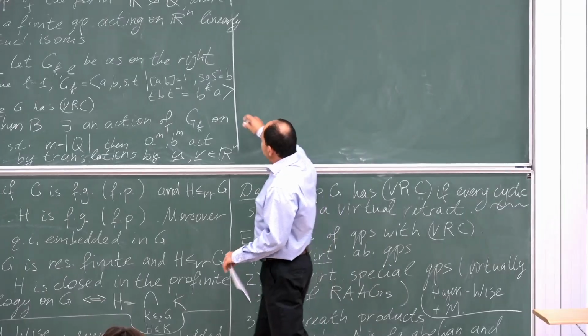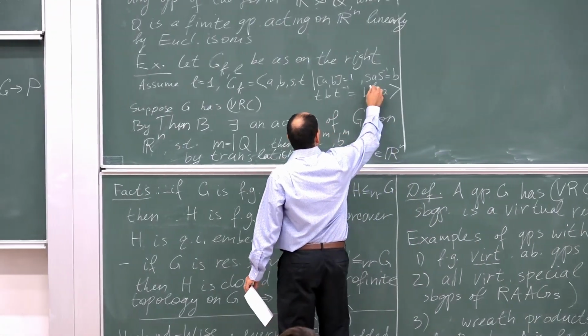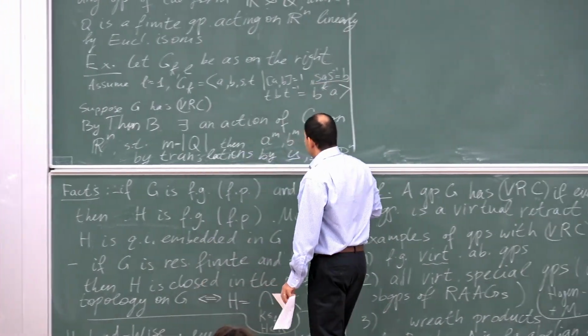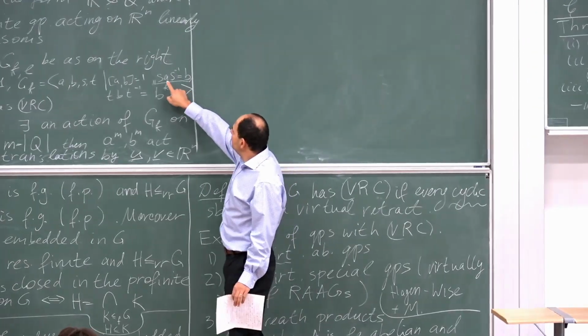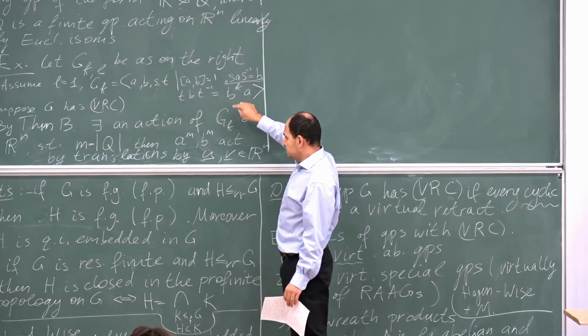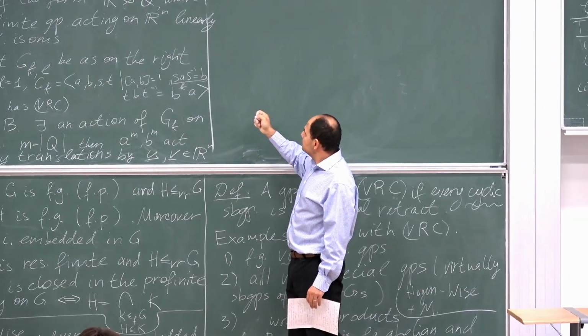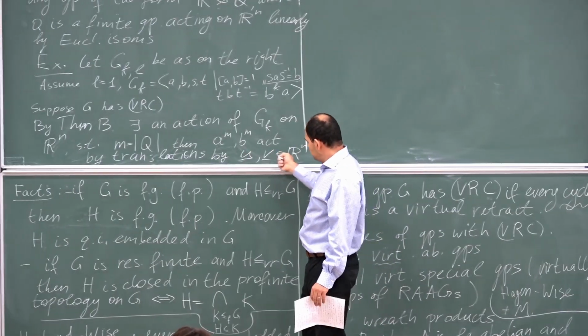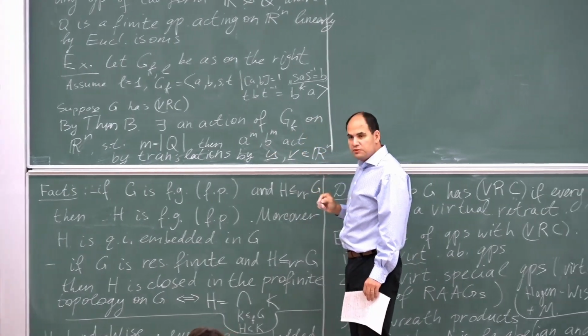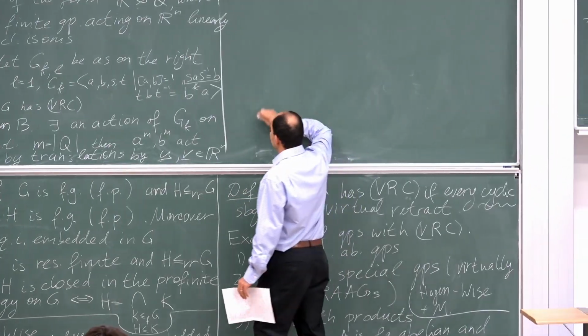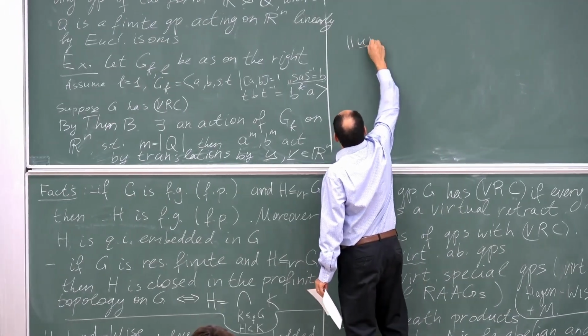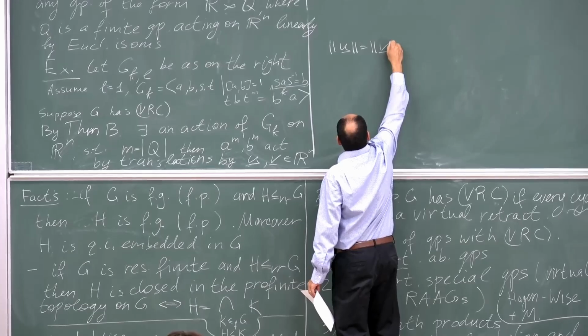Well, these conditions now tell us, it's an action by isometries. The fact that A is conjugate to B means A to the M will, of course, be conjugate to B to the M. And because it's an action by isometries, the norm of U must be equal to the norm of V. The Euclidean norm.